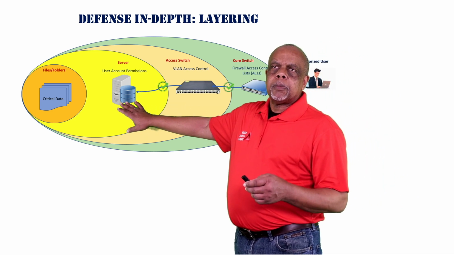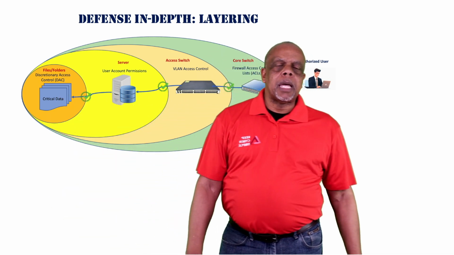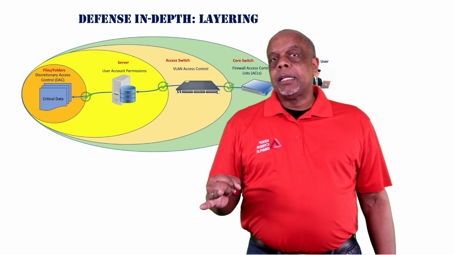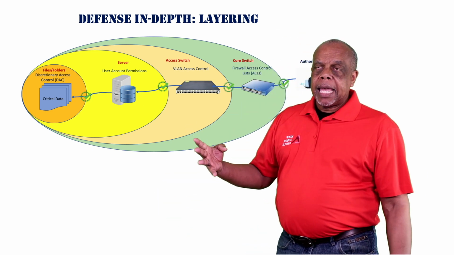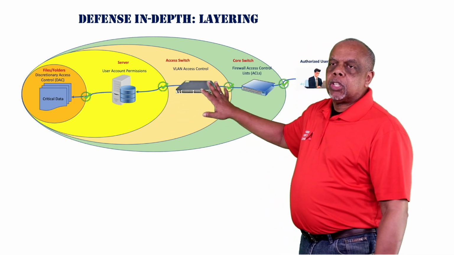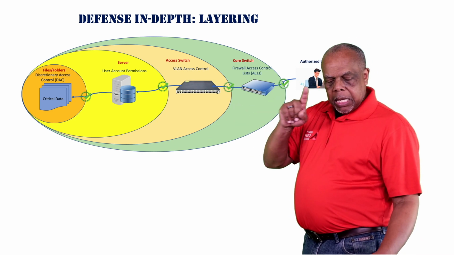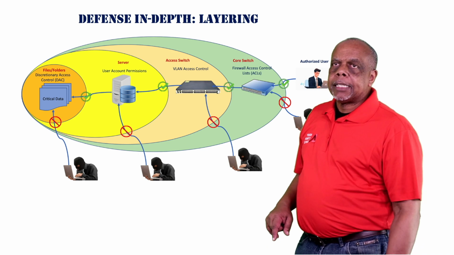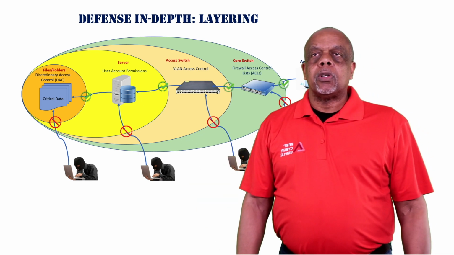We've got user account permissions, and when we get here, we're using some type of access control model, whether it's discretionary access control, mandatory access control, role-based access control, rule-based access control. So you see we have layered defense. We're using different security solutions at different points throughout our network. Why? I'm glad you asked that question. Because you've got bad guys who are trying to get into your network many times at each of these layers or each of these rings.